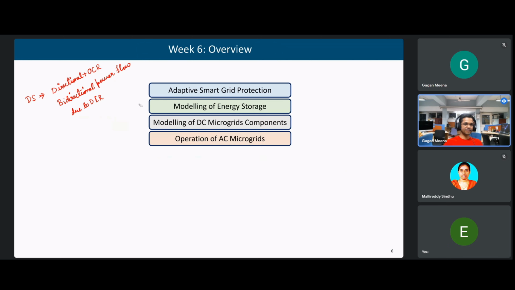Then after that we discussed the modeling of energy storage. Some concepts of this were already discussed in week 3. Then modeling of DC microgrid components, which we will see again. And then the final topic was the operation of AC microgrids.